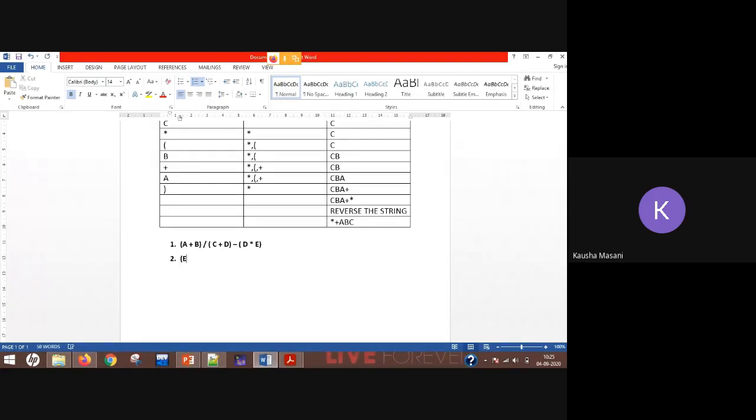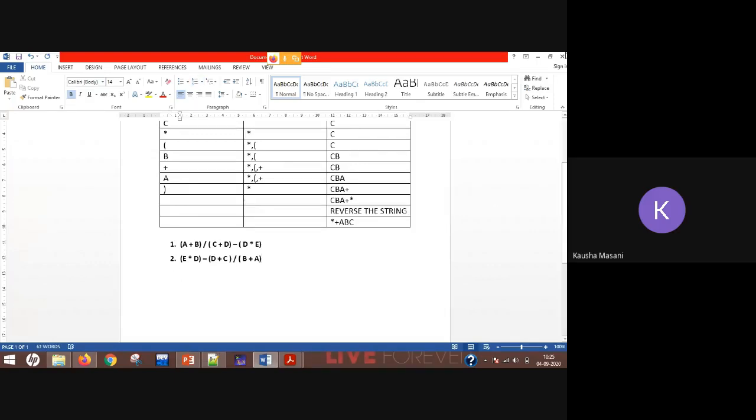So your expression would look something like this: E star D bracket minus bracket D plus C, again a bracket, divide bracket B plus A and bracket. So you reversed, step 1 done.